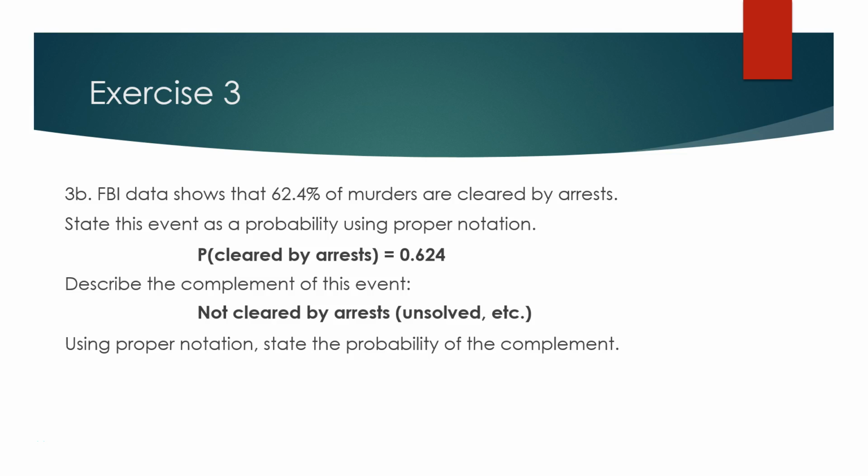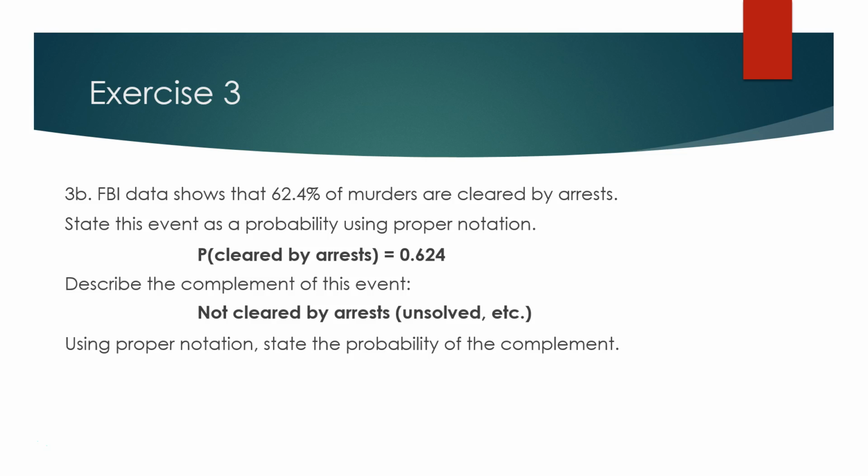This could be an unsolved crime. Even if somebody turned themselves in, I would consider them being arrested after that. The person that committed the crime could be known and deceased, so that technically wouldn't be cleared by an arrest, I don't think. We can call this not cleared by arrests, but it's always important to ask yourself, hey, what does this actually mean?